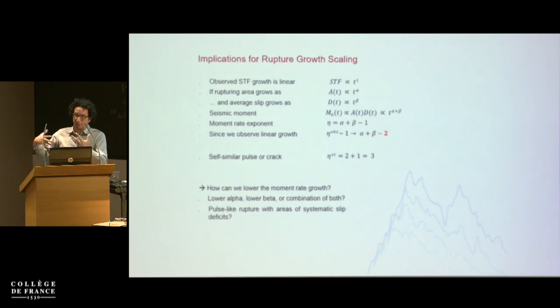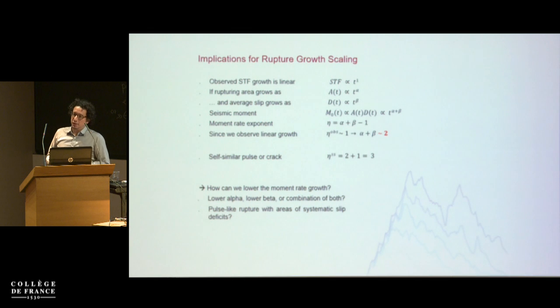Those two quantities can grow, for example, as power laws with two different exponents, alpha and beta. Our observation of a linear onset puts a constraint that the sum of those two exponents needs to have a very particular value. What is it?